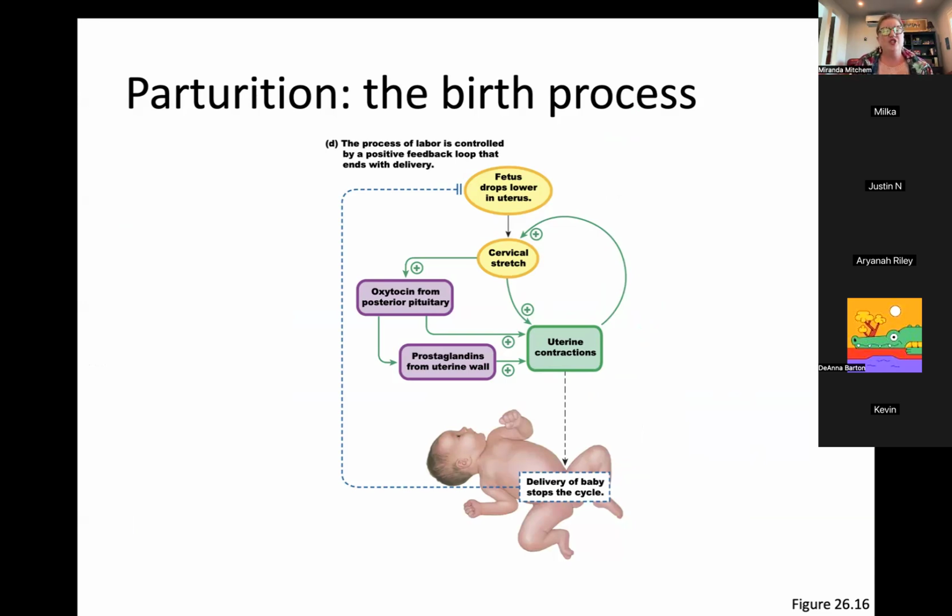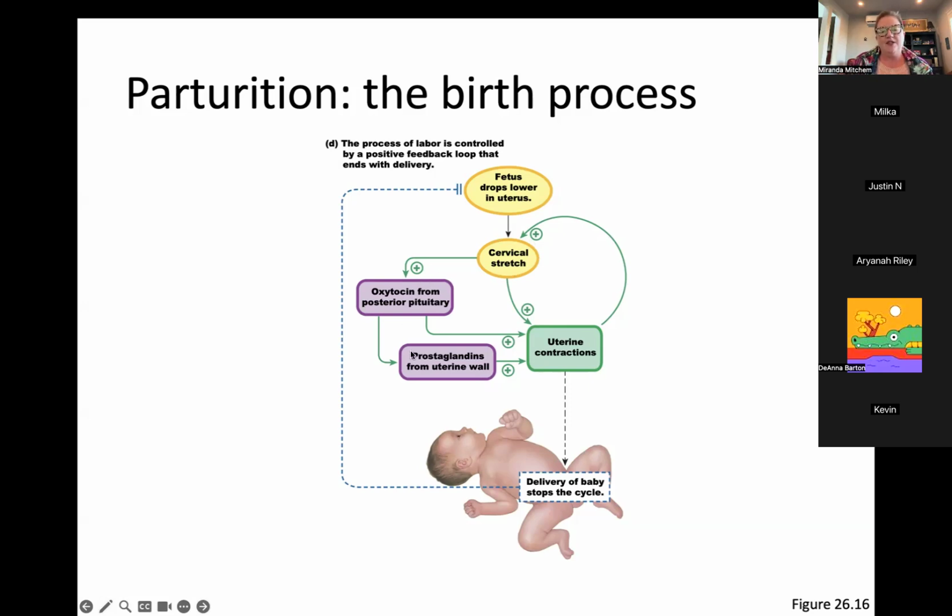So that stretching is the stimulus. The stretch receptors in the uterus are triggered, or specifically in the cervix part of the uterus, which the cervix is the opening to the uterus. So that leads to the release of oxytocin, and this is made by posterior pituitary.